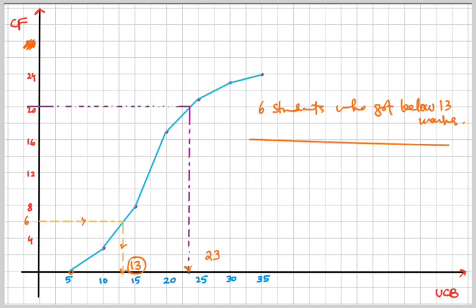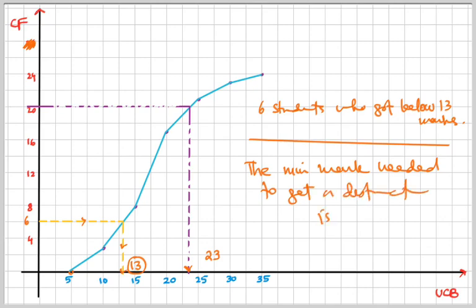That means the minimum mark needed to get a distinction is 23. So there were 4 people who got above 23 marks and 20 people in this class who were unable to score that mark. Therefore, they were unable to score a distinction.